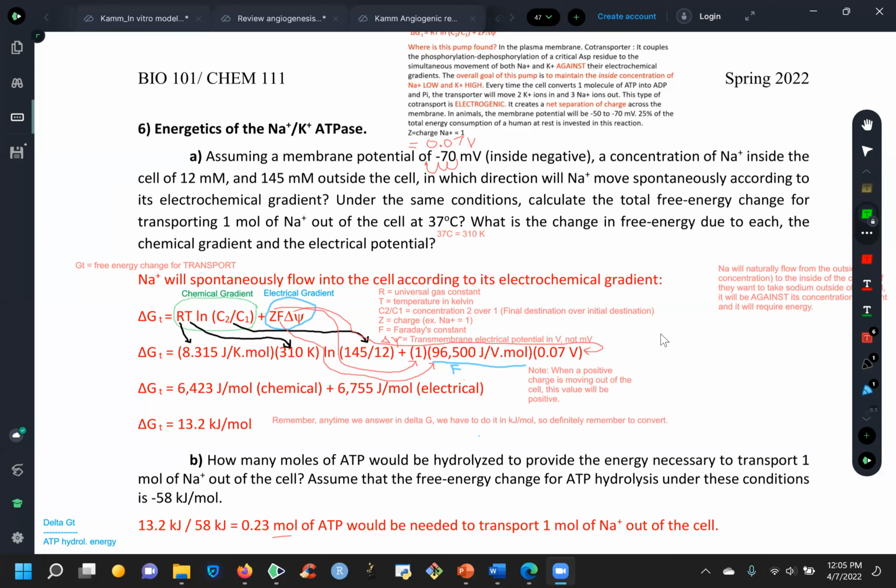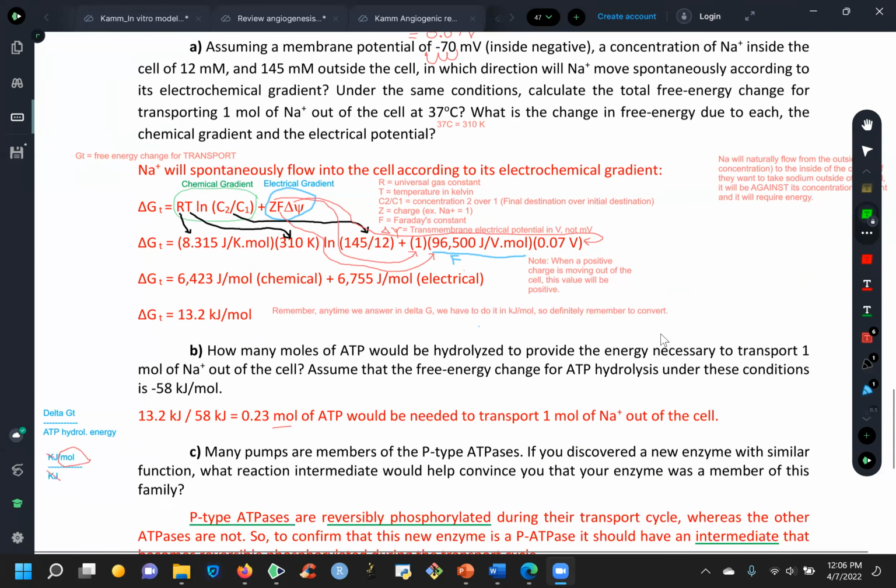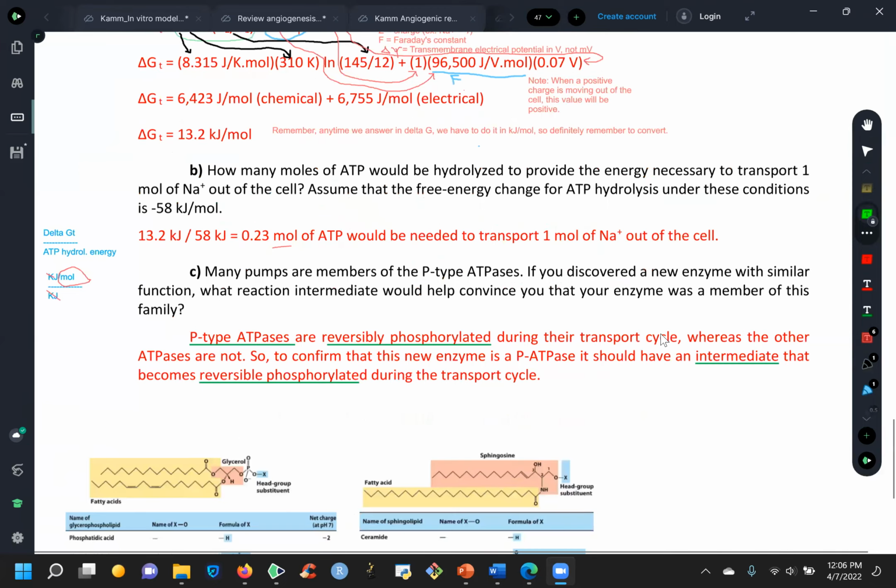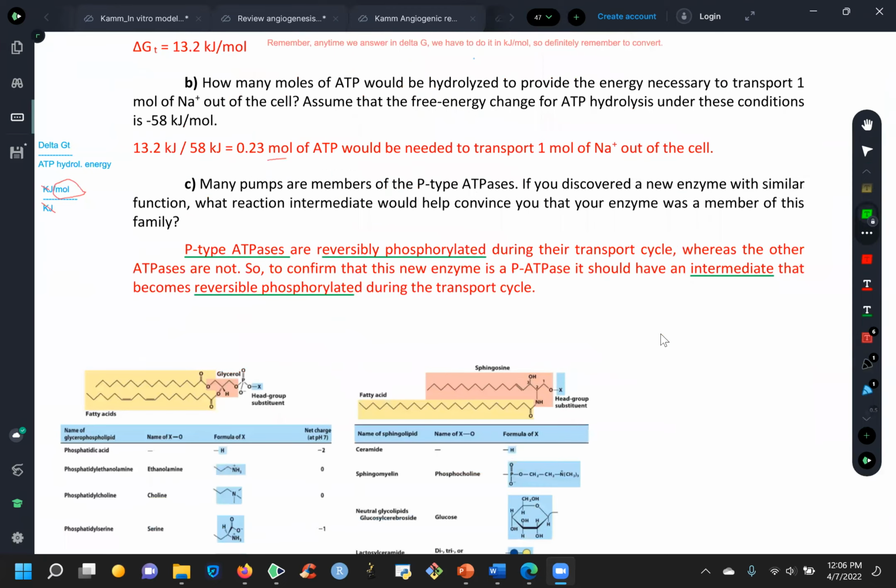So the next question has a typo, but it says how many moles of ATP would be hydrolyzed? Students are afraid of this word too.